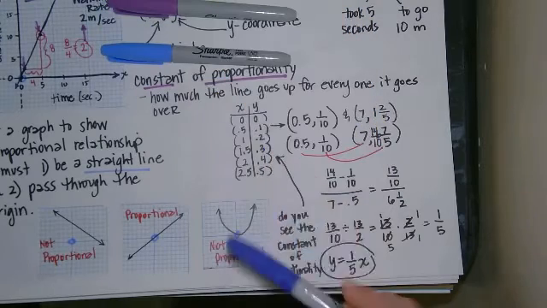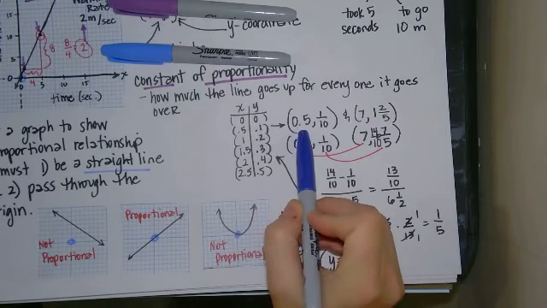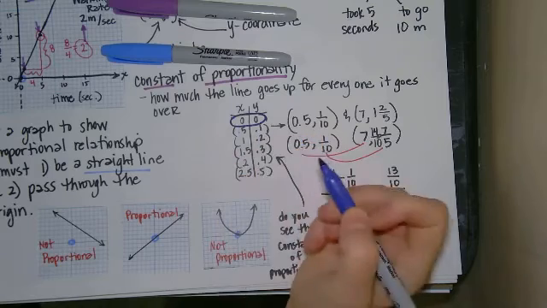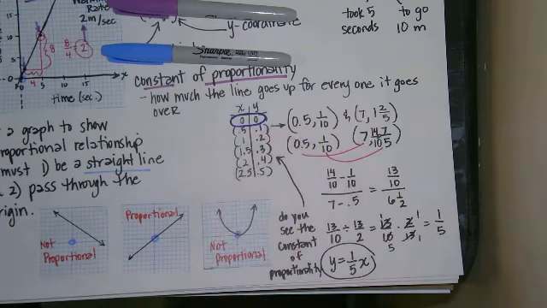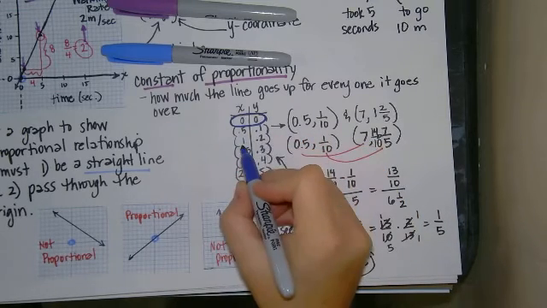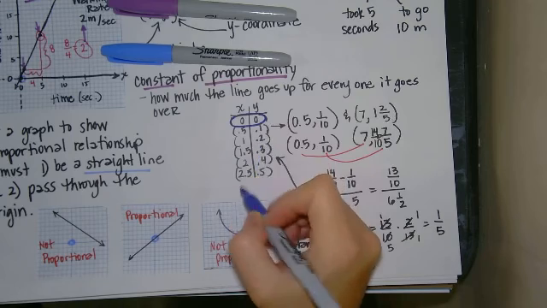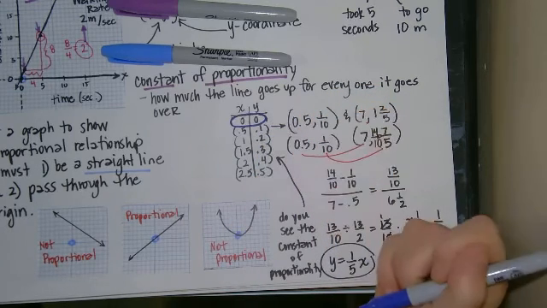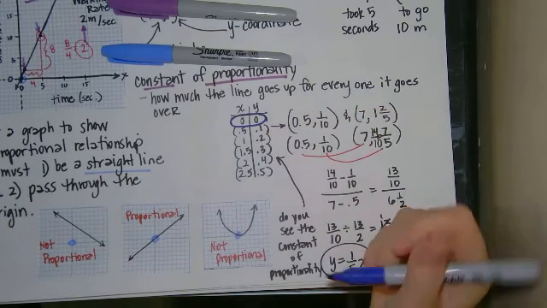And so what I did here is I pulled out these points so that you could look at them as a coordinate pair. So all of these are coordinate pairs. We've got 0, 0, that's a point. A half, a tenth, that's a point. 1, 2/10, that's a point. So all of these are points on our graph.